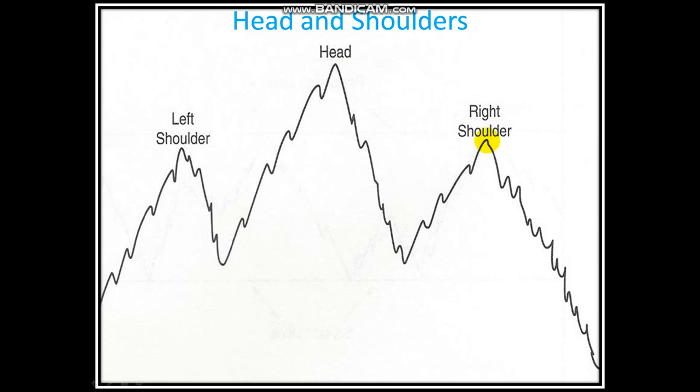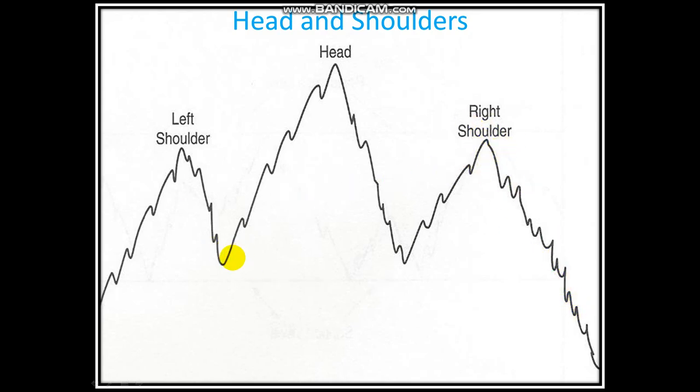And then it goes to the same resistance as it went to at the left shoulder, which forms the right shoulder. So if it could not break this resistance here to test the resistance up here, usually you're going to have a downtrend form, and once you establish this, you could get short the stock here.